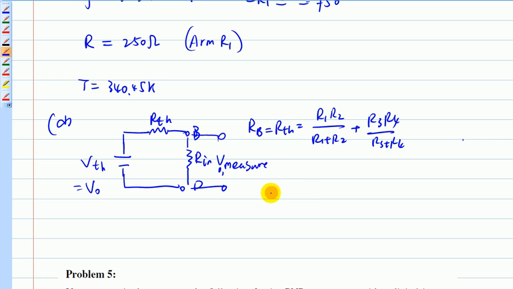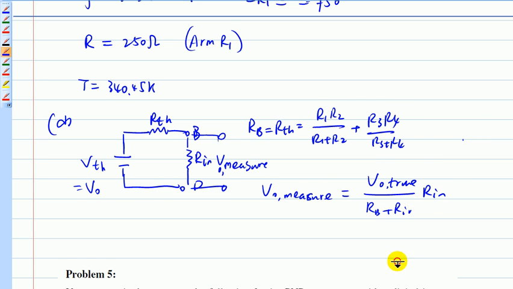The VO measured is the voltage drop across the Rin. This is VO true value, which is the 3 volts, divided by RB plus Rin. So that's your measured value. The difference between this and that will give you the loading error.